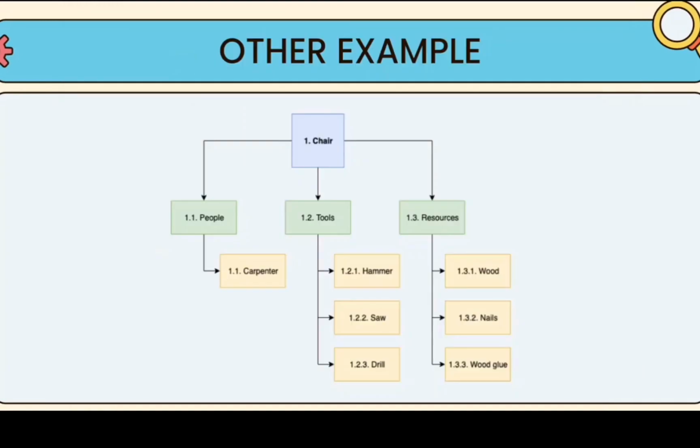Okay, so this is another example that we can relate to or apply to other things. We can relate it to making a chair, which is at level one. We need people, tools, and also resources.